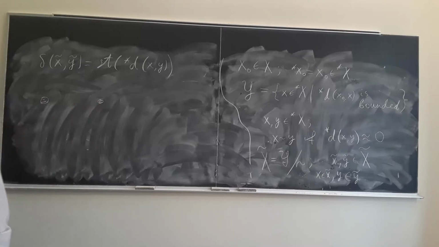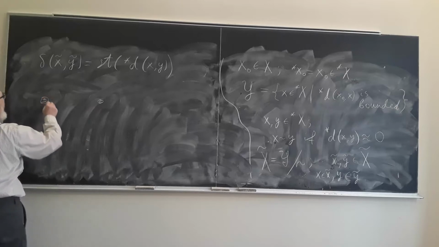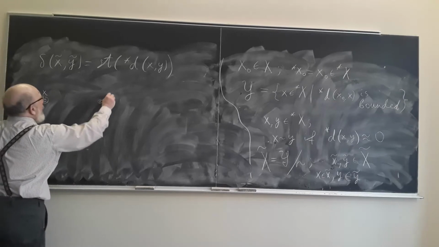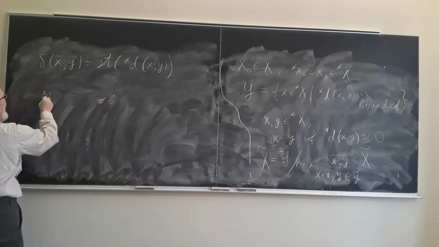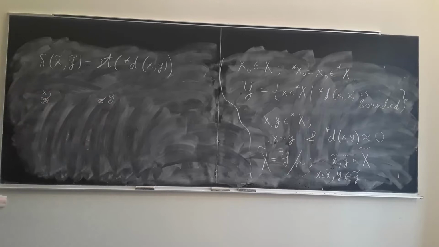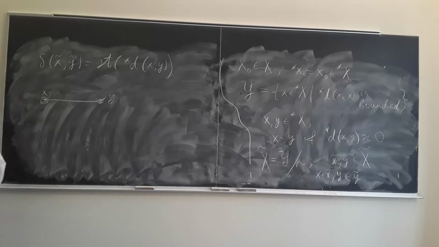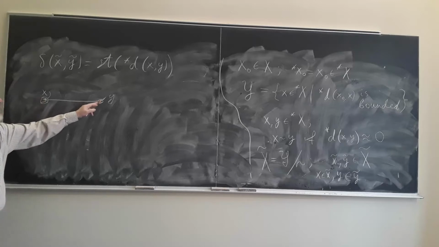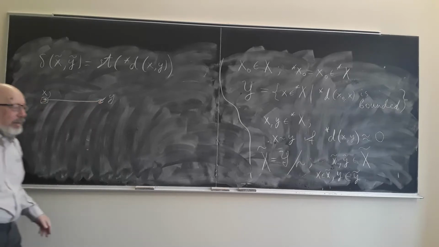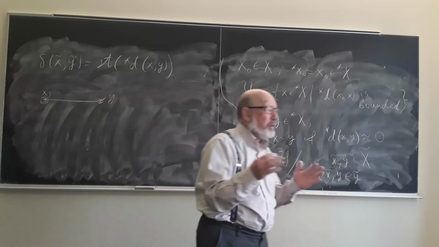Because of the triangle inequality, if you take any x here and any y here, then the distance between them, if I take the standard part, does not depend on the choice, because if you change x in this monad and y in this class, the distance will change by an infinitesimal.